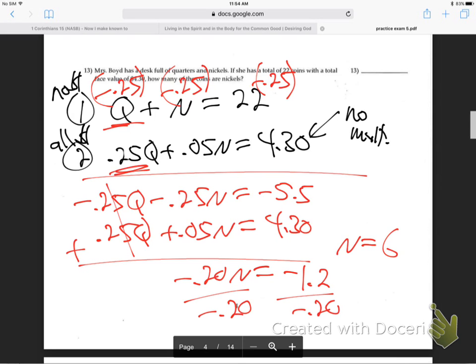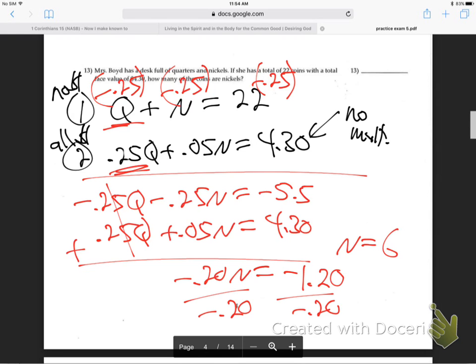N equals 6. So it's 6. Question? Yeah, sure. Did you divide in your calculator? We good there? So N is 6.